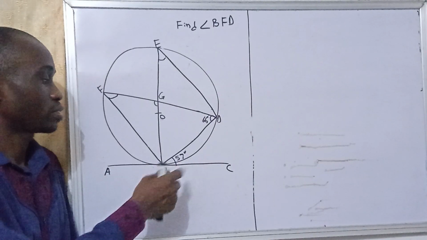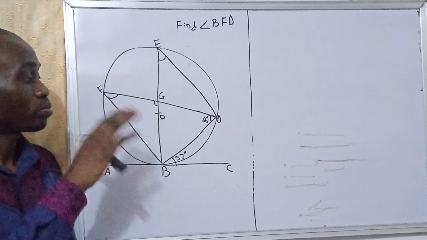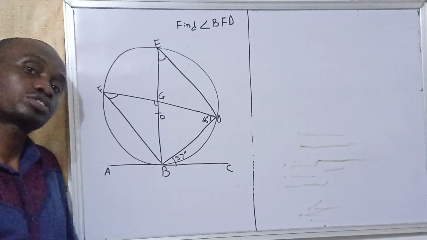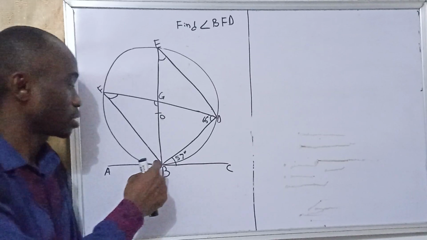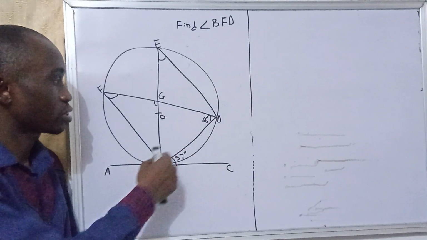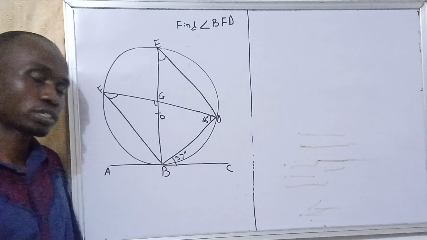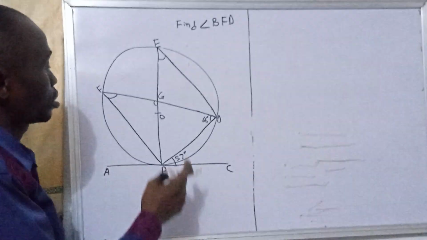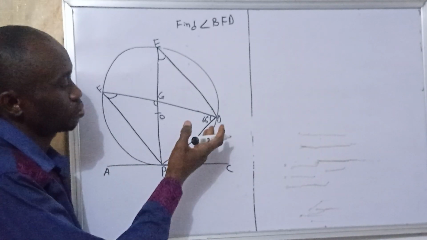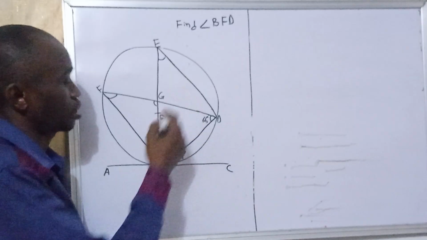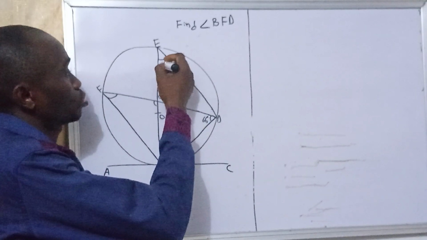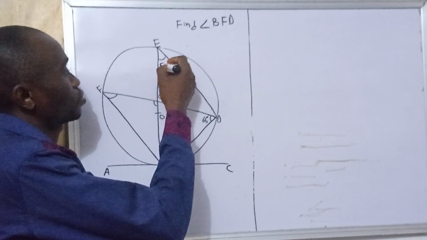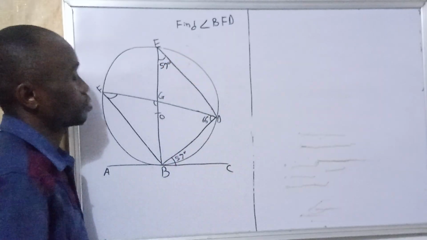Looking at this problem, it puts into work the theorem that says the angle between the chord and the tangent equals the angle in the alternate segment. That means that if the 7 is here, which is between the chord and the tangent AC, so we're going to have what? 57 here.